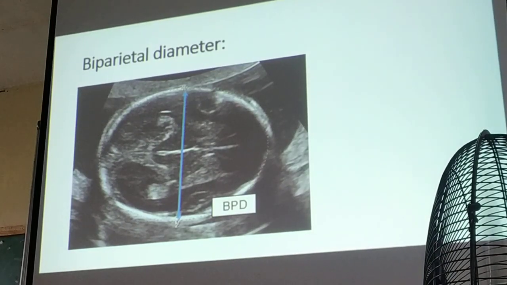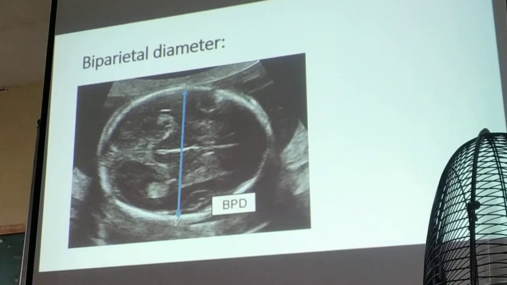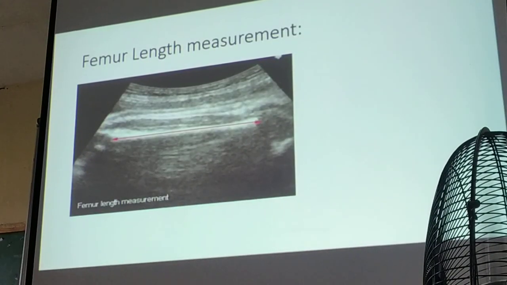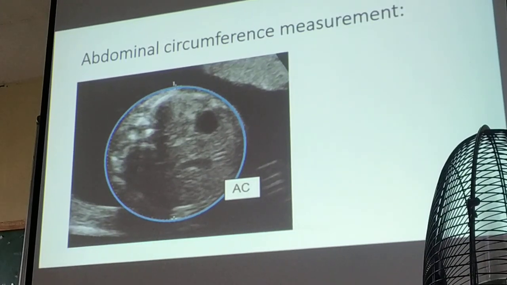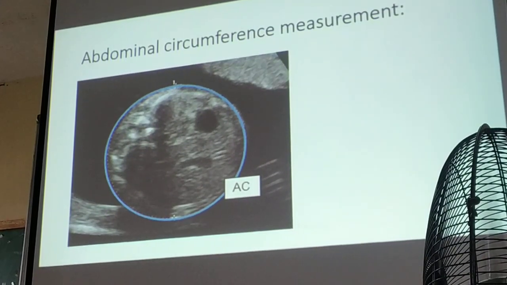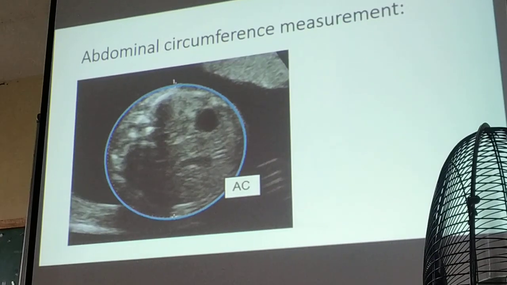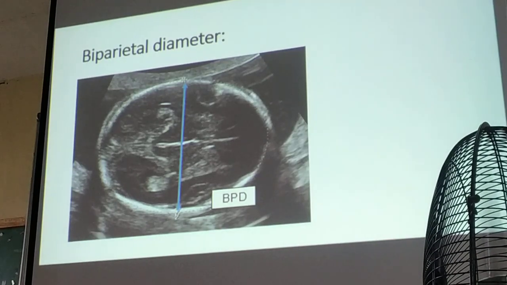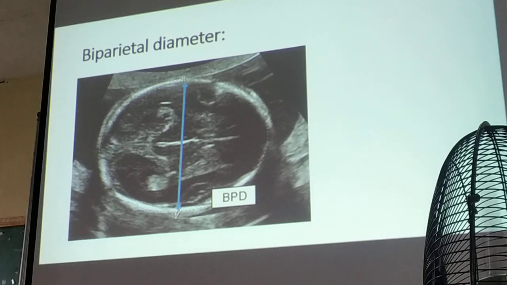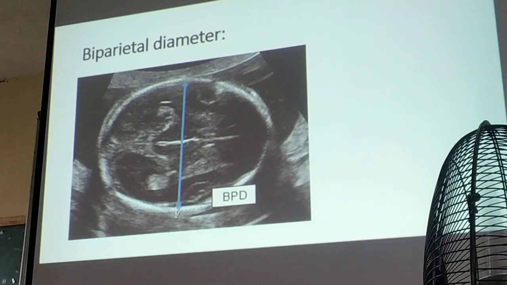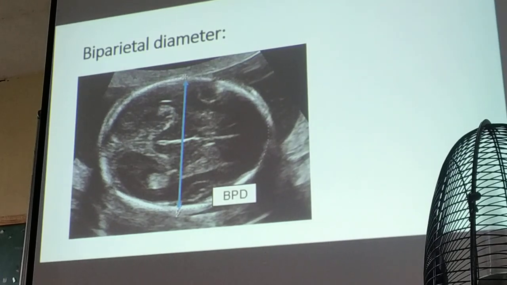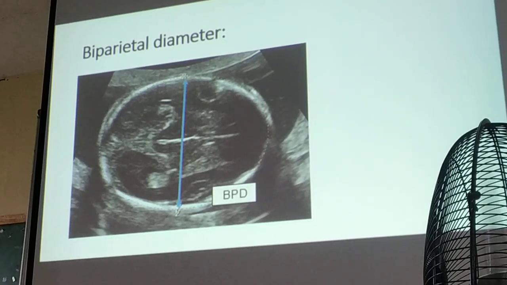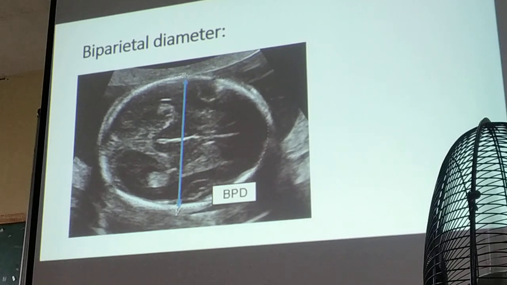Again, study these three measurements, the BPD, the femur length, and your abdominal circumference. Put a check. Okay? All these three. And what's the most reliable measurement among the three during the third trimester? Still the BPD.